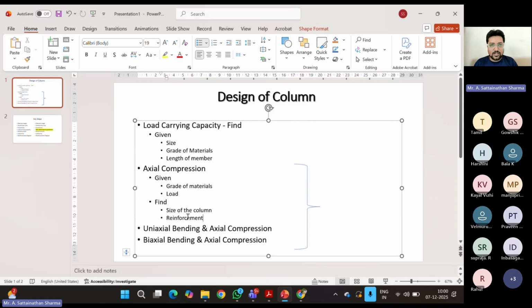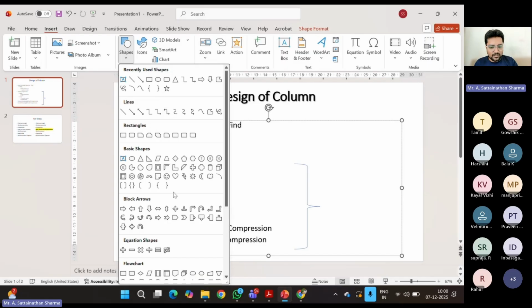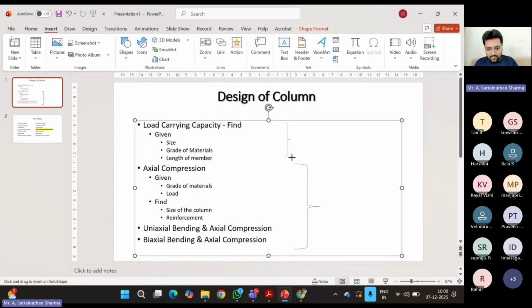If I say how much amount of reinforcement has to be given, then I must be aware of what type of load it is carrying. So load has to be given. If the question has load, it is design. If the question has no load, it is load carrying capacity analysis. This part is called the analysis part, and this is called the design part. Do you have any clarification on this?